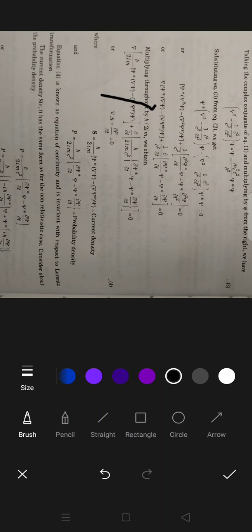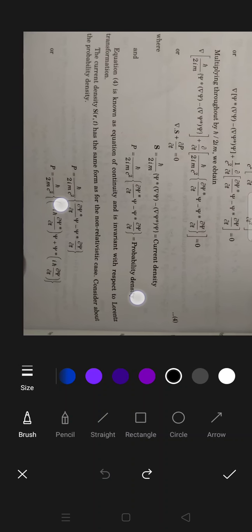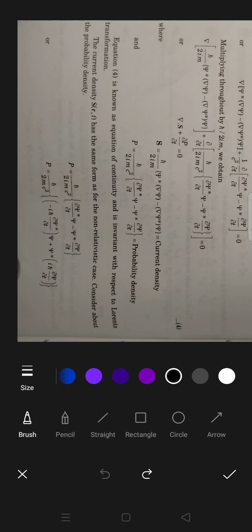I have explained what the Lorentz transformation is in electrodynamics, so I am not going to discuss it now. The current density S of r, t has the same form as in the non-relativistic case.